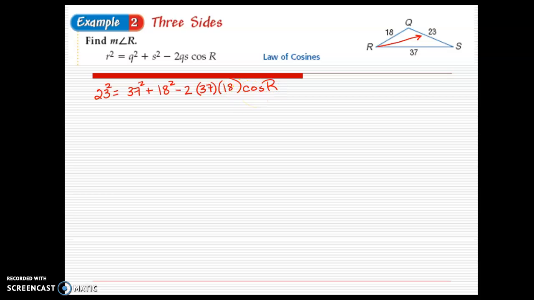So, 23 squared, I'm going to do this on a calculator off the form because it's just going to be faster than going back and forth.